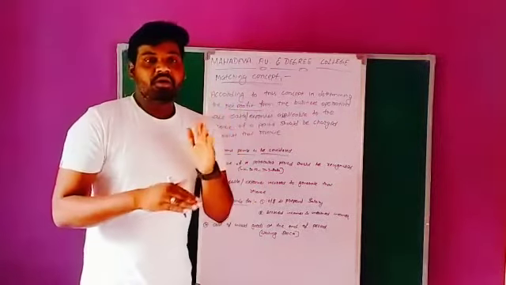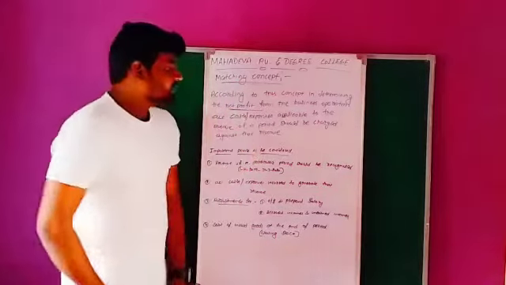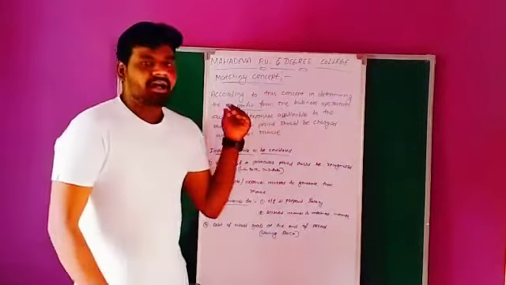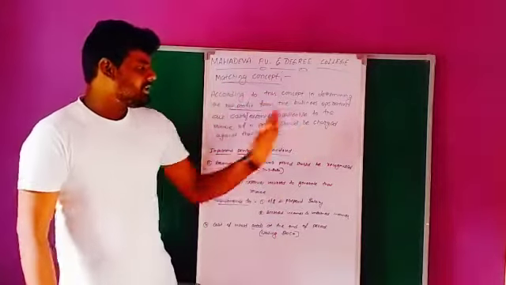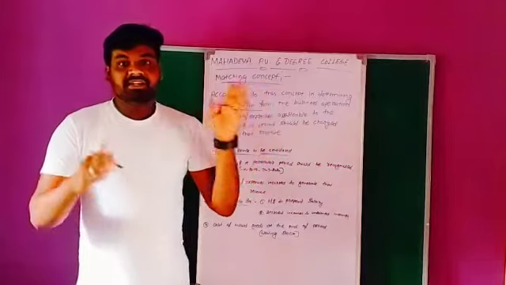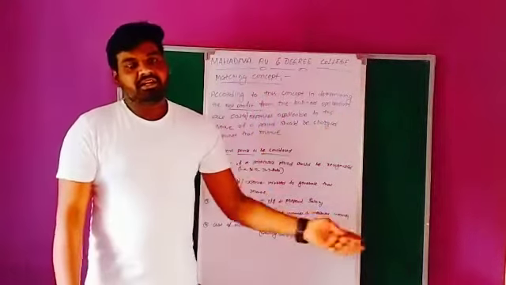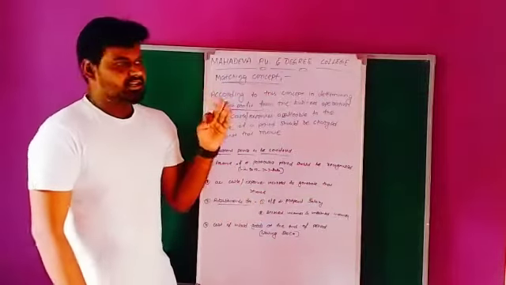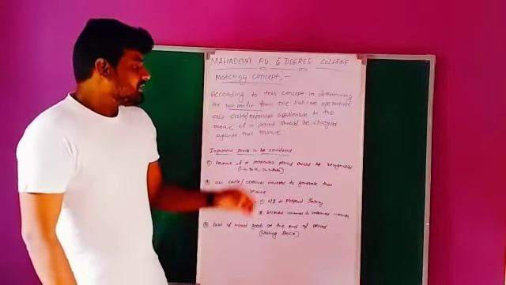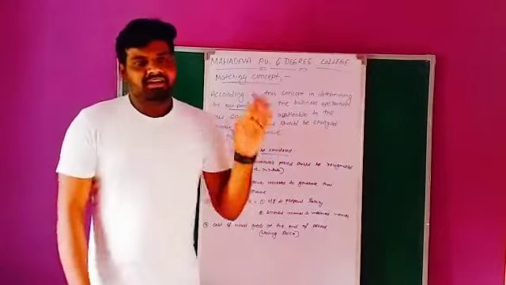At the time of ascertaining the net profit, we need to apply all the costs as well as expenses of a period. Period means the specified period, I mean assessment year or financial year or accounting period, and they should be charged against that revenue.